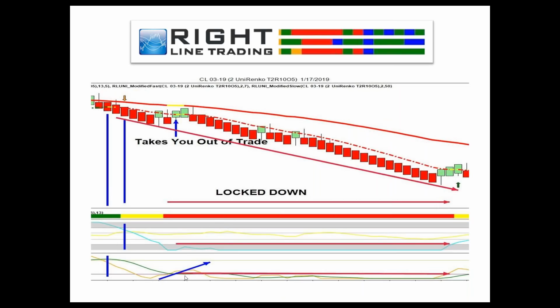Now, I want to show you why stochastic is inappropriate and doesn't work for us. The Laguerre is going to get you into the trade here. The stochastic is going to get you into the trade here. But remember, stochastic is always looking for divergence. So it pops up above the 20 line on these two candles and takes you out. The Laguerre is locked down below the 20 line with this red all the way through.